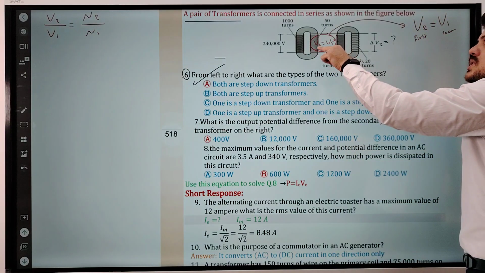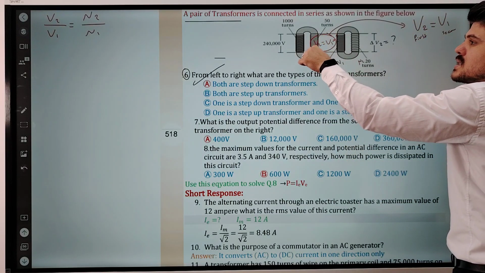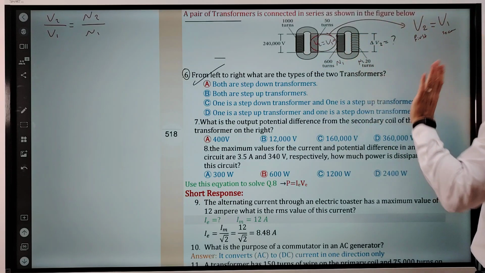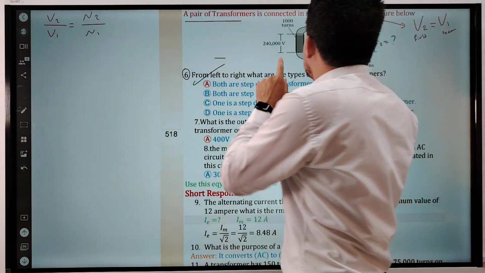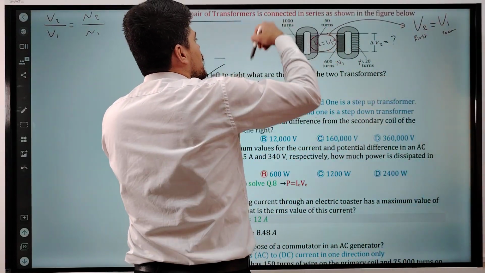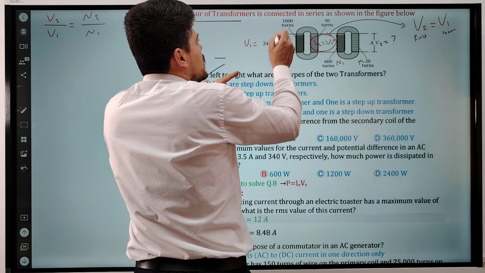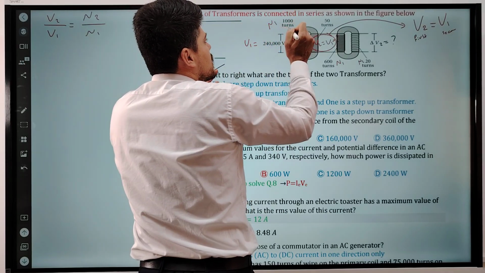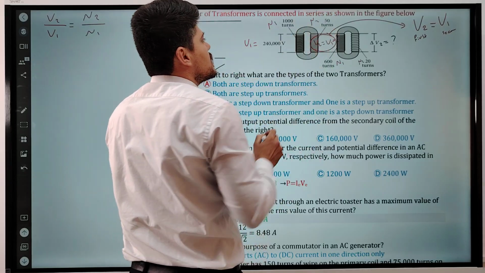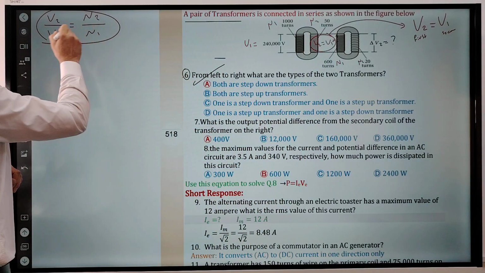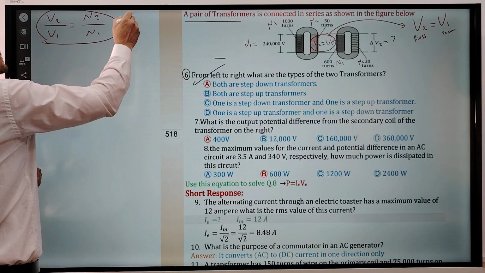The output potential difference V2 of the first transformer is equal to the input value of the second transformer. So could you find V2 in the first transformer? Yes, because V1 is given, N1 is also given, N2, 50, is also given. So that is why this is for the second transformer.